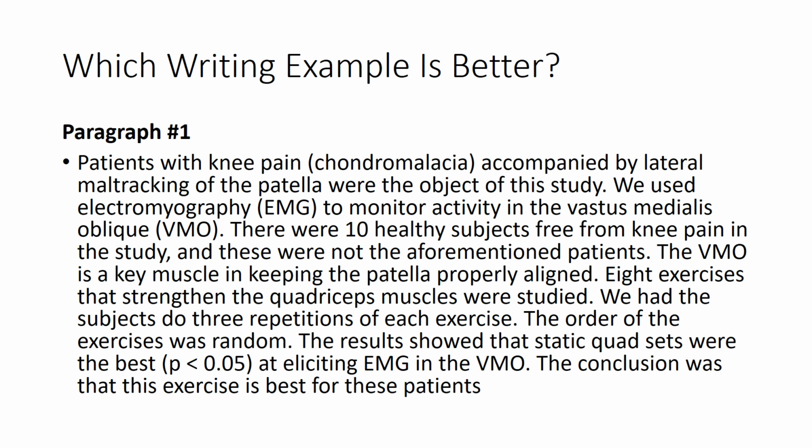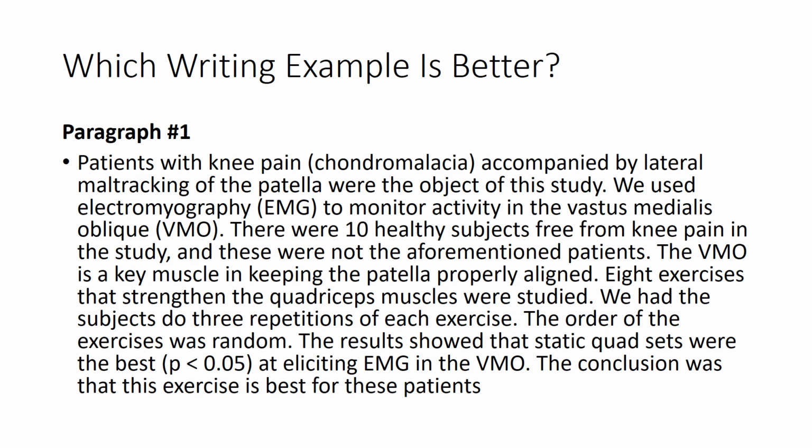So for the first paragraph: Patients with knee pain accompanied by lateral maltracking of the patella were the object of this study. We use electromyography to monitor activity in the vastus medialis oblique. There were 10 healthy subjects free from knee pain in this study, and these were not the aforementioned patients.